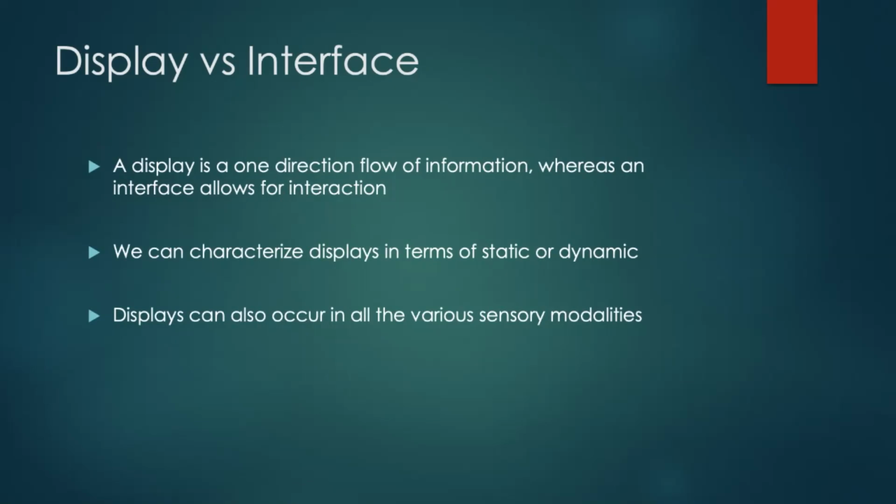So for example, the tachometer on your vehicle, that is a display. An interface, on the other hand, allows for that interaction. So the back and forth. My iPad here has an interface. It can give me information, but I can also feed that back.